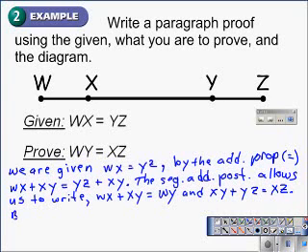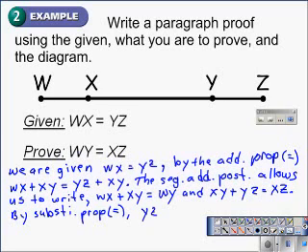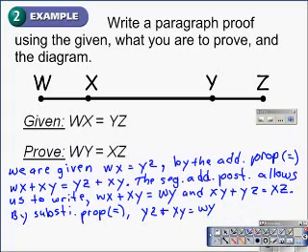By the substitution property of equality, we can finally say that YZ plus XY is equal to WY. That would be the first substitution. And then we will substitute the XZ in for the YZ plus XY.